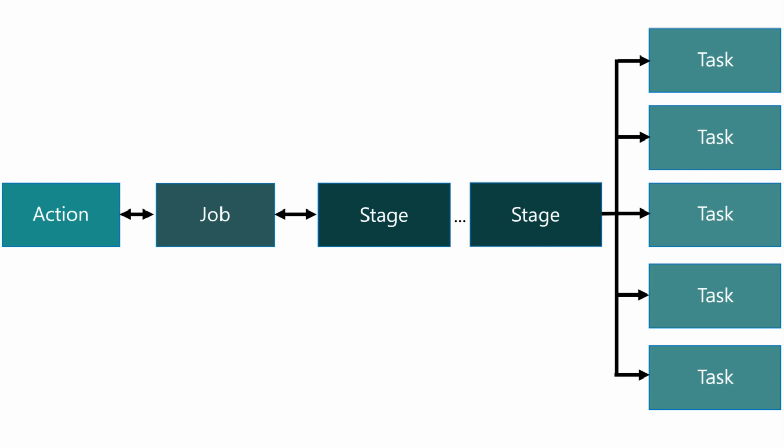And when the tasks are finished, the results from all the tasks are combined, and the next stage is executed. So tasks are executed at the same time, stages sequentially, one after the other.